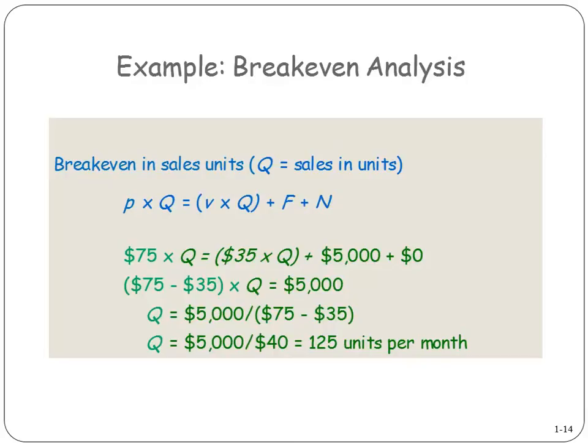That's what break-even means. A little mathematical manipulation gets us here. And therefore Q is equal to 125 units per month.